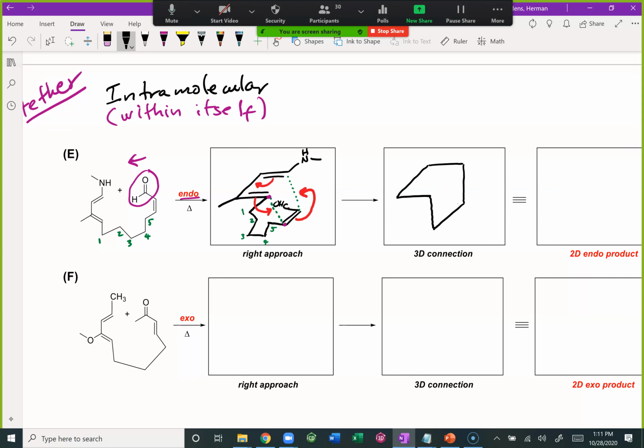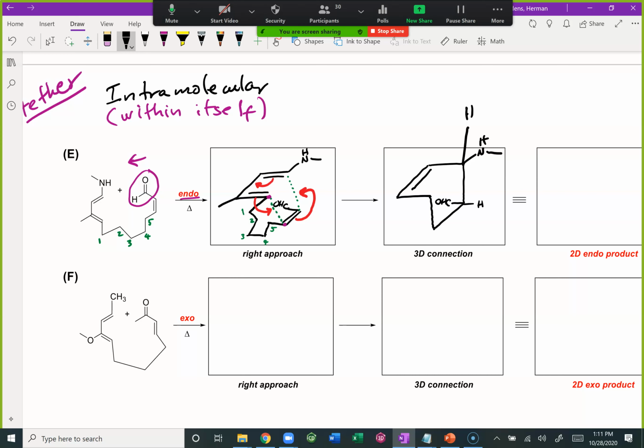Yeah, I'm going to have a little more leg room there, and I'll have this group inside, CHO, the hydrogen on the right side, double bond here, and methyl.